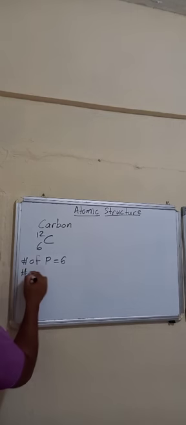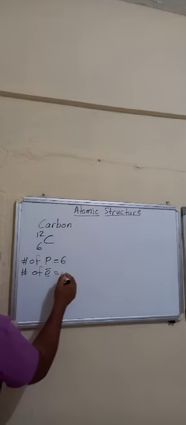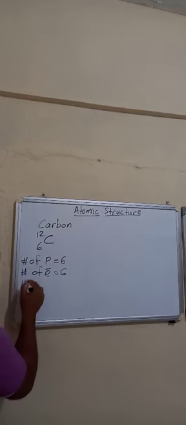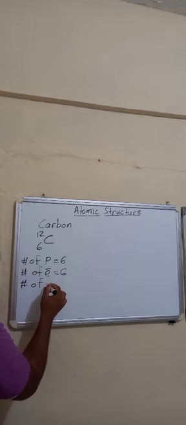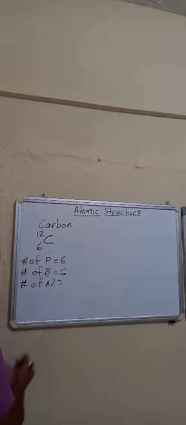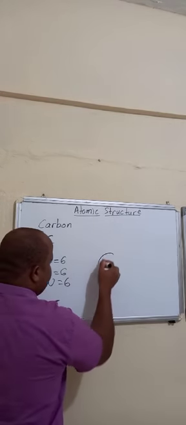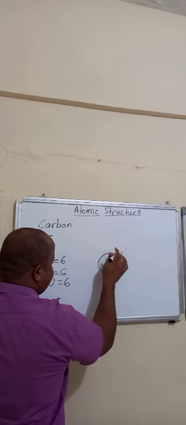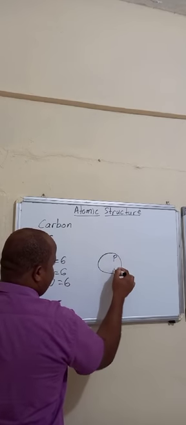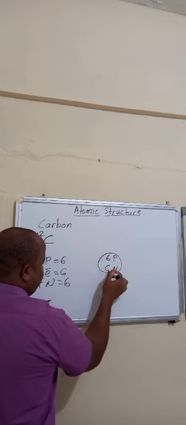The number of electrons is the same as the atomic number, so it would be 6 as well. And the number of neutrons is the mass number minus the atomic number, so that would also be 6. So starting with the nucleus, with the protons and the neutrons, 6 protons, 6 neutrons.